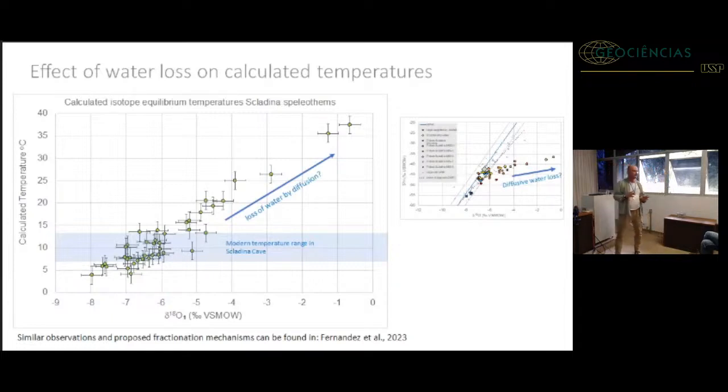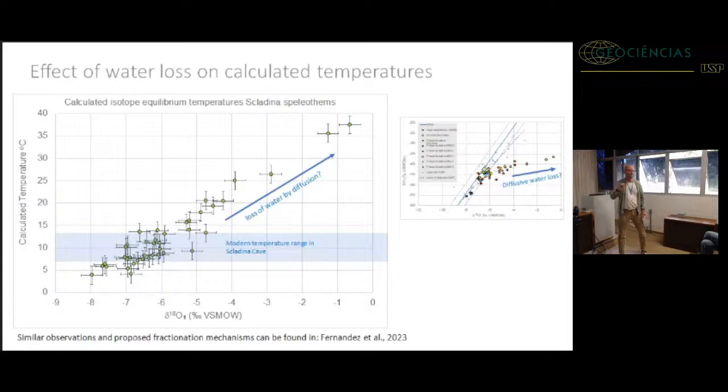And that is that when you have a sample in which the fluid inclusions are not sealed off well enough, what we do is we bring it from 20 degrees Celsius to over 100 degrees Celsius, and we keep it there for half an hour before we do the analysis. And in that time, we build up pressure on the fluid inclusions quite dramatically. And if they don't seal well enough, you're going to be losing a little bit of the water through diffusive pathways. And if you don't lose it all from a particular fluid inclusion, you're going to be fractionating like hell. And that's what the fractionation looks like.